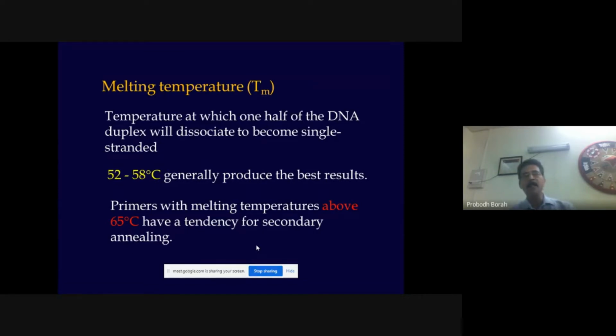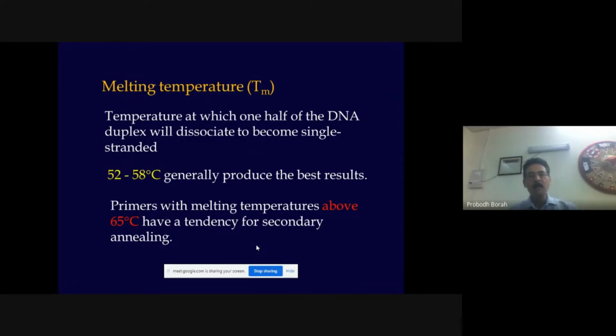So there should be a marked variation between the annealing and the extension temperature. If the annealing temperature almost equals the extension temperature or reaches near to it, then such kind of primers are not good primers, because the association between the primer and the target will be so stable that in the subsequent cycles it may not be denatured properly.